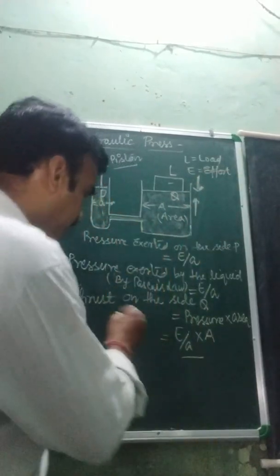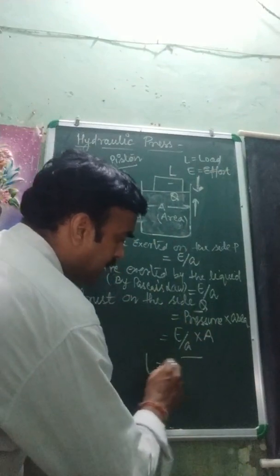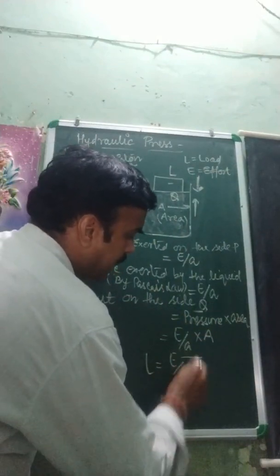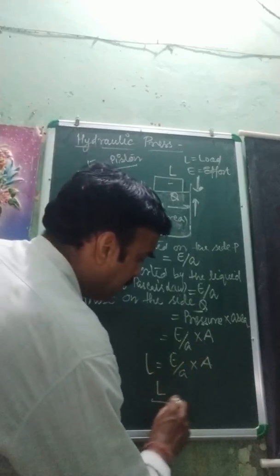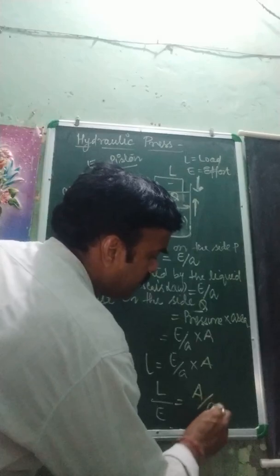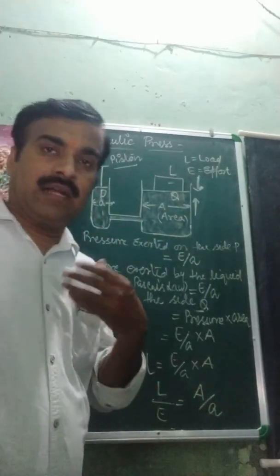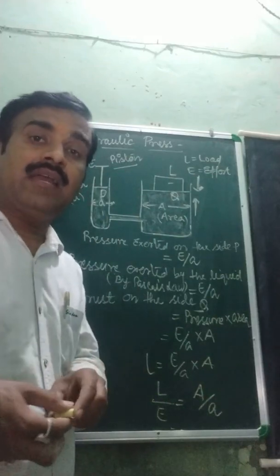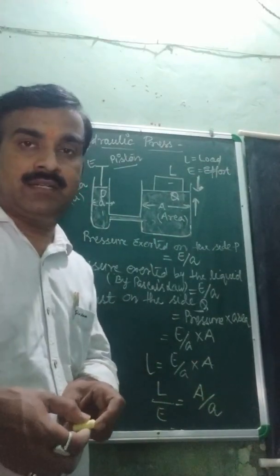So in place of thrust on the side Q, we can write capital L equals F by A into A. Got it? Then L by F equals capital A by small a. And in class 10th it is given that mechanical advantage equals load upon effort.